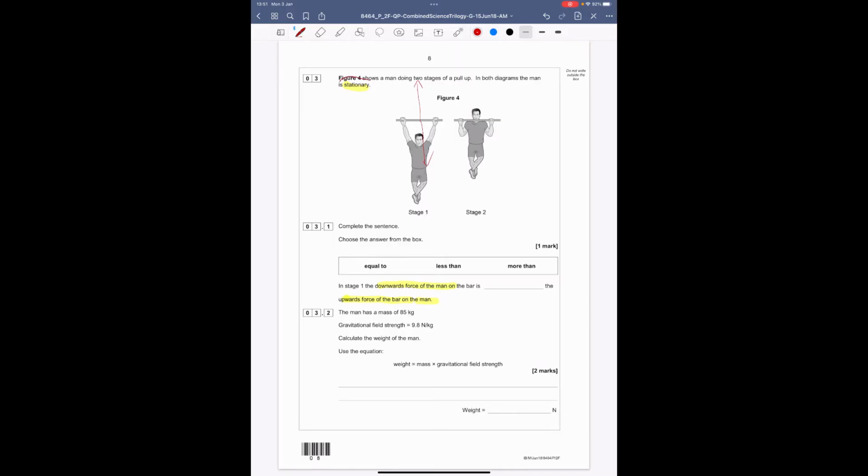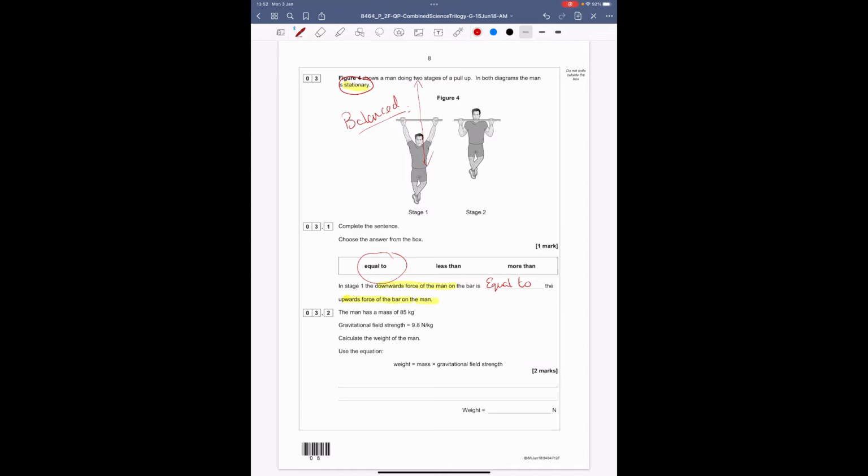Now it's told us in the question that the man is stationary. So if he's stationary, he's not moving, the forces must be balanced. So because it is balanced, the forces then have to be equal. Question 3.2.